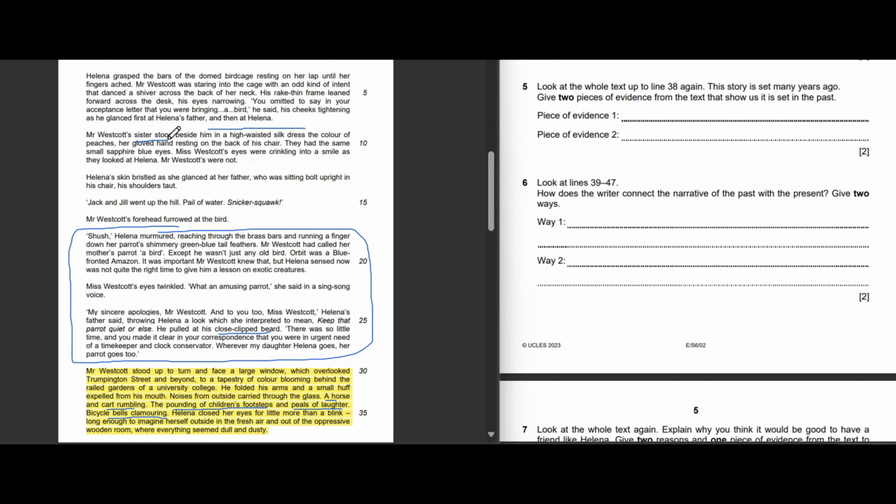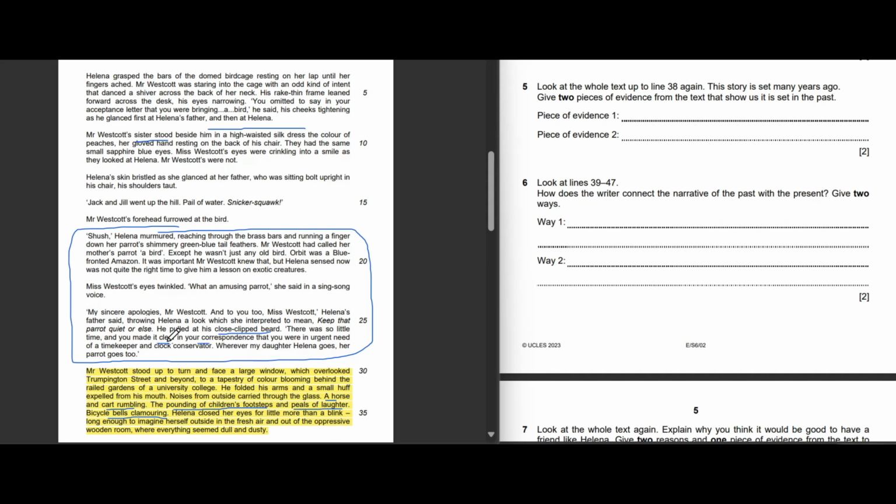And if we skim this really quickly, we can see that there's an urgent need of a timekeeper or clock conservator.